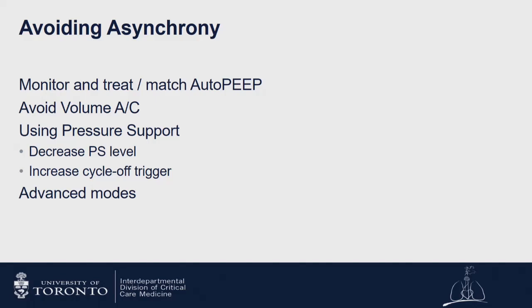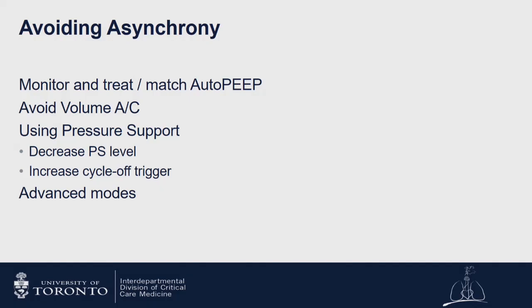If you want the patient to be synchronous, then although we like using volume cycle assist control early in the course of the disease when the patients are very sick, if you're trying to have them more awake and breathing spontaneously, it's hard for them to be synchronous on volume assist control because the only thing that you've given control to the patient of is the ability to initiate a breath. Everything else about the breath you've set on the ventilator, including how big a breath it's going to be and how it's going to be delivered in terms of the flow pattern.